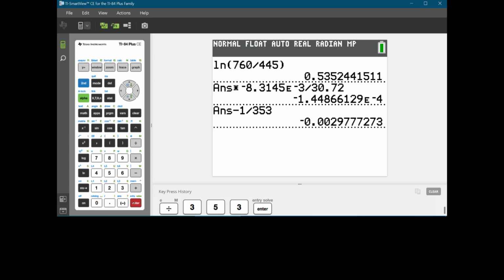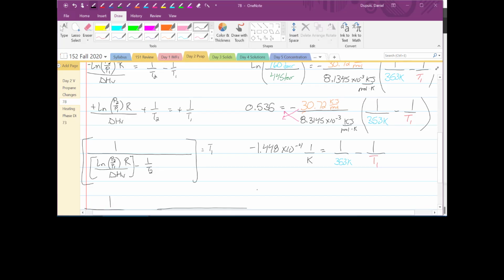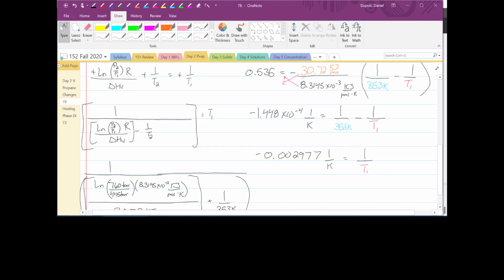And I get negative 0.002977 1 over Kelvin equals negative 1 over T1. Now, multiply both sides by T1. T1 times negative 0.002977 1 over Kelvin equals negative 1.